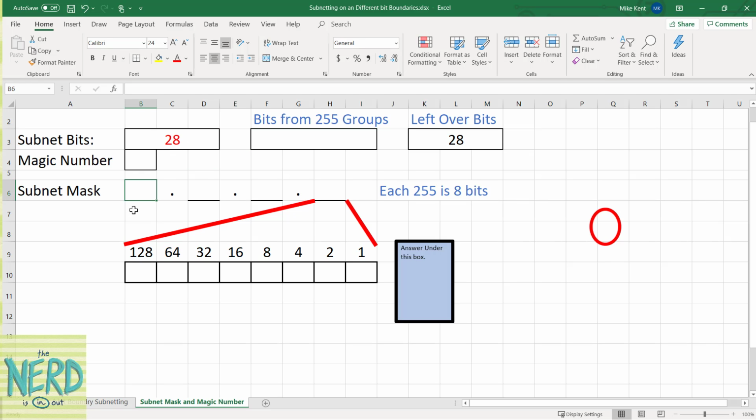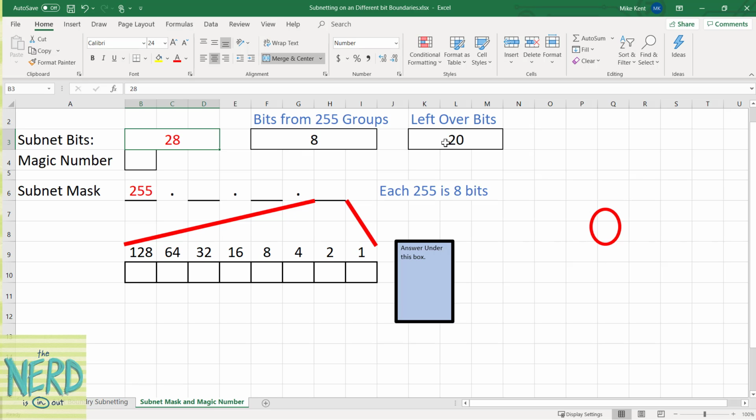Every time I'm trying to write the subnet mask, every 8 bits is a 255. So if I say 255 dot, well, that's 8 of my 28 bits.